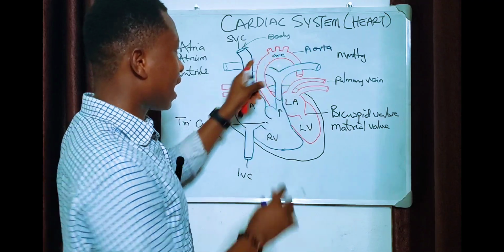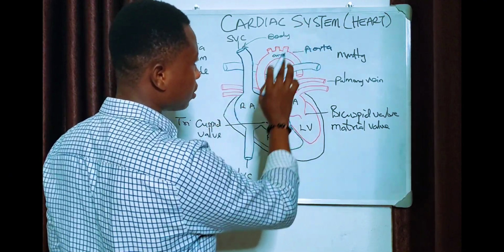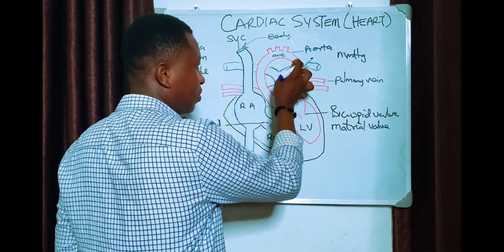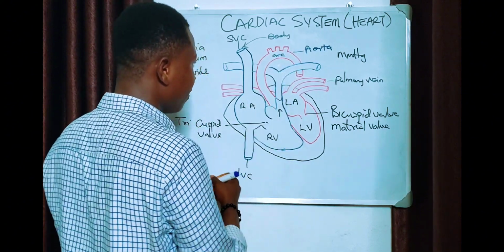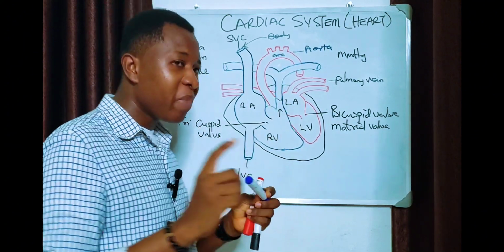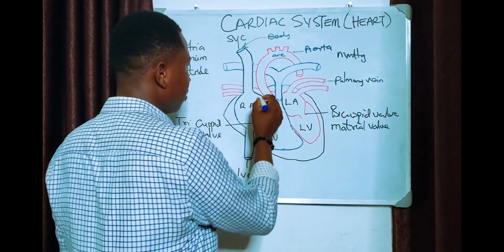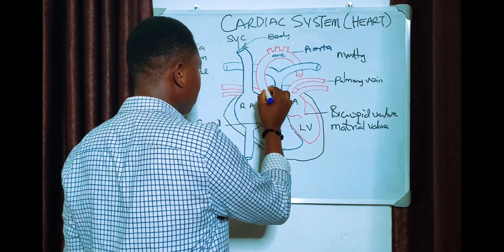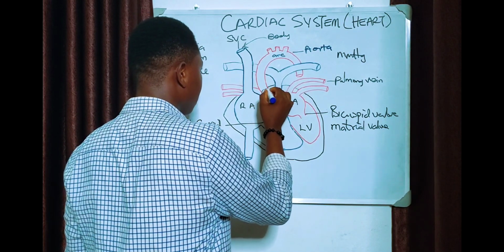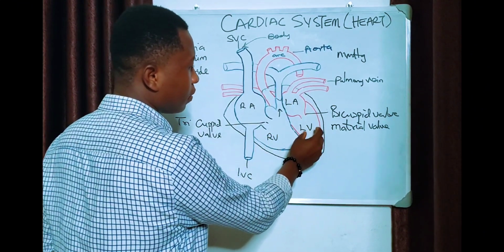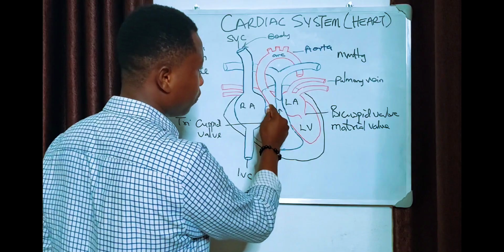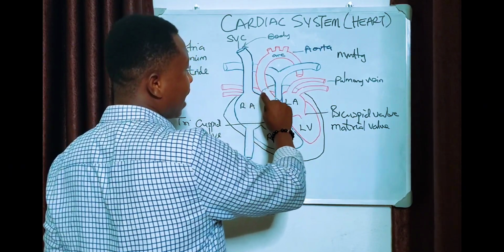This bending that has these other three blood vessels going out is called the arc, and this blood vessel is called the aorta. All right. So there is also a valve that controls the movement of blood, and that is the aortic valve.